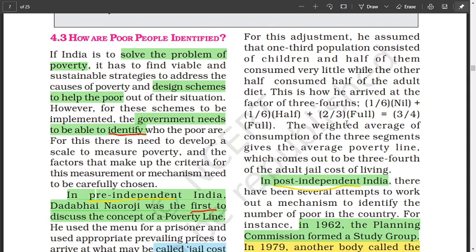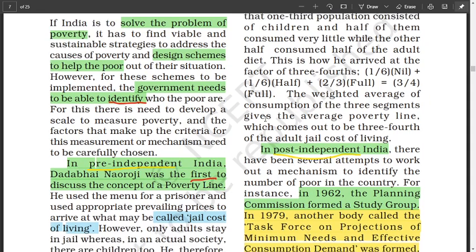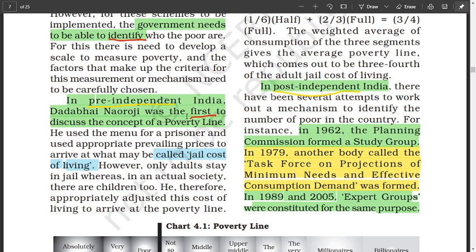So to identify, if we look at the pre-independence period before 1947 in India, the first person to discuss the concept of poverty line, the line that explains who are poor and who are not poor, is Shri Dadabhai Naoroji. He put forward his concept of poverty line with the help of the methodology of jail cost of living.